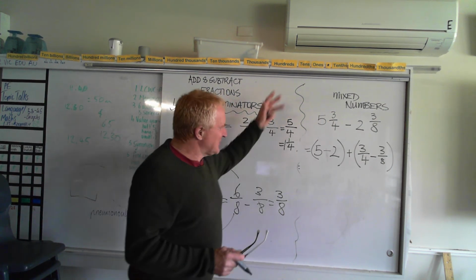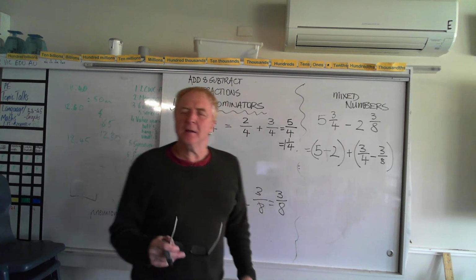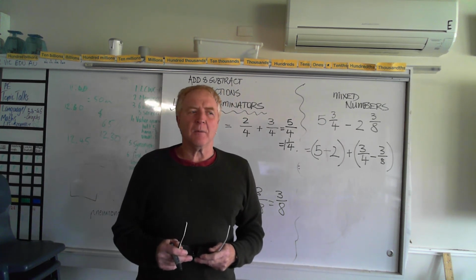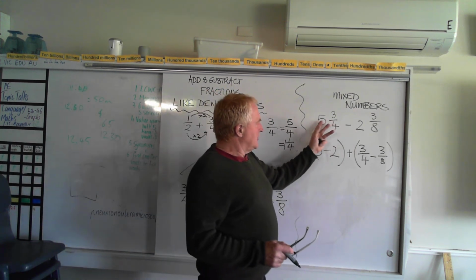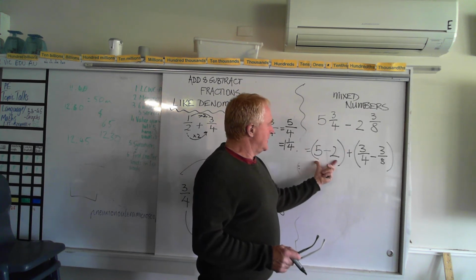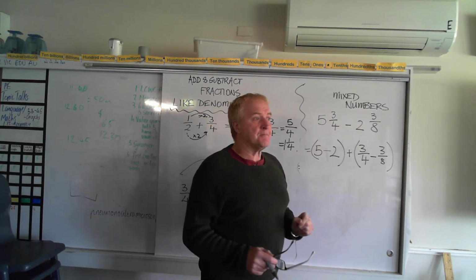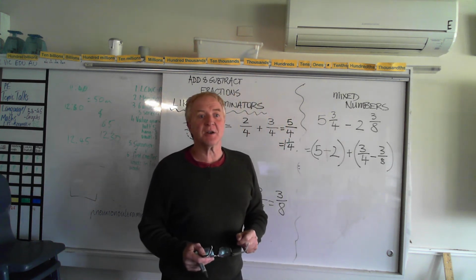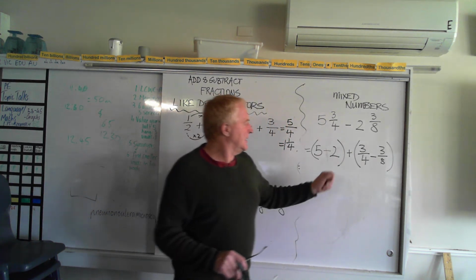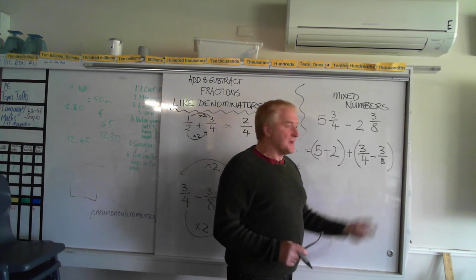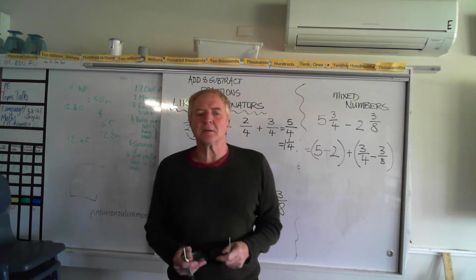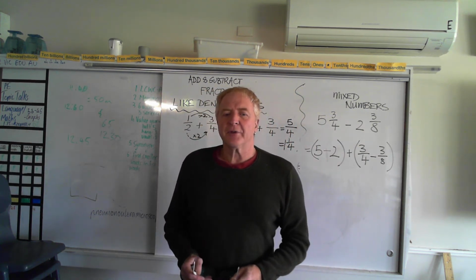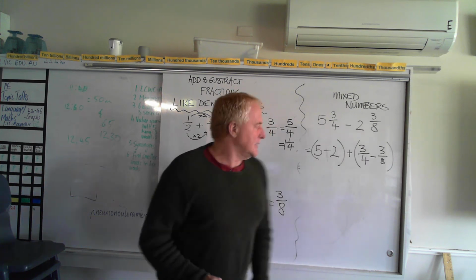Last time was easy because we're adding and adding and all adding. But in this case, when we take away, we've got a whole number take away a whole number. We want the answer to that. What do we call the answer to a subtraction equation? The difference. We want the difference of that and the difference of that and put them together, and that's going to be our answer. That's why we've got that plus sign there, that addition sign.